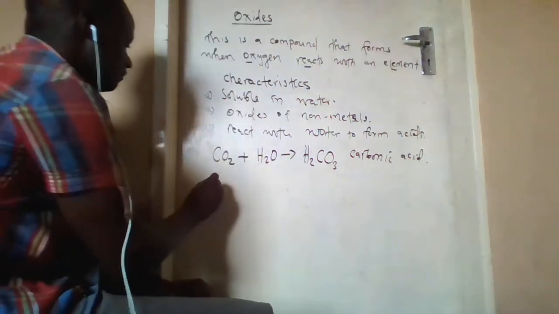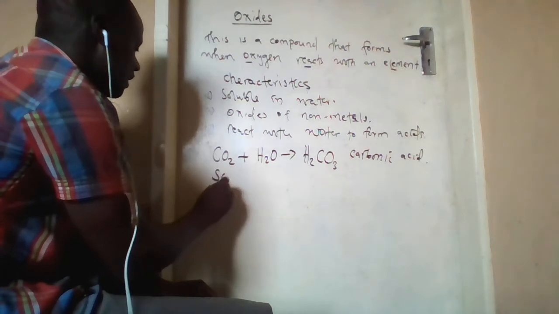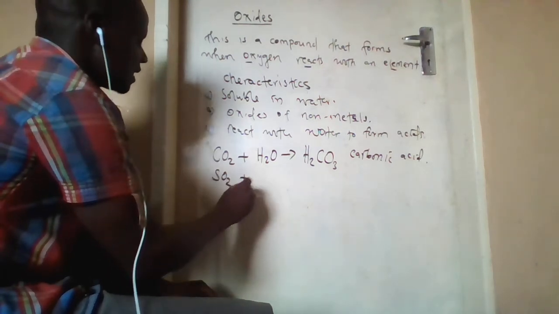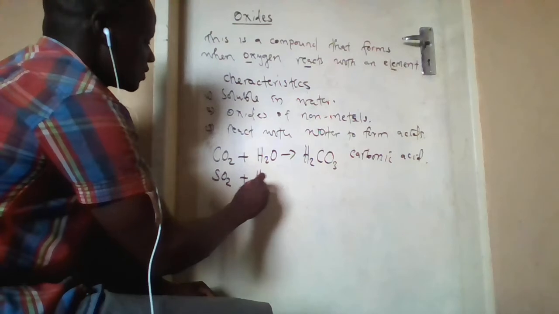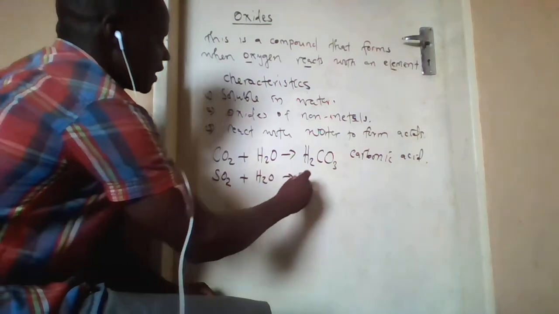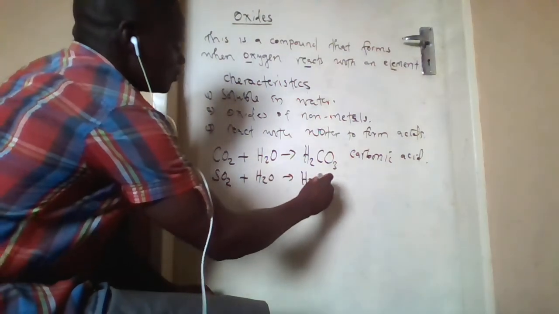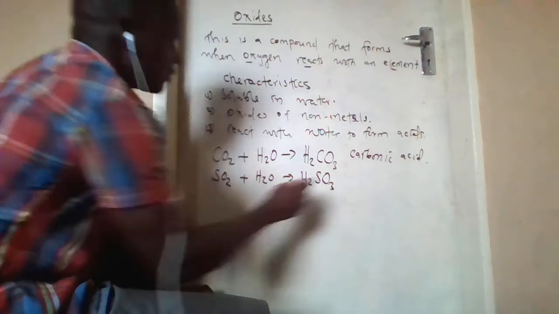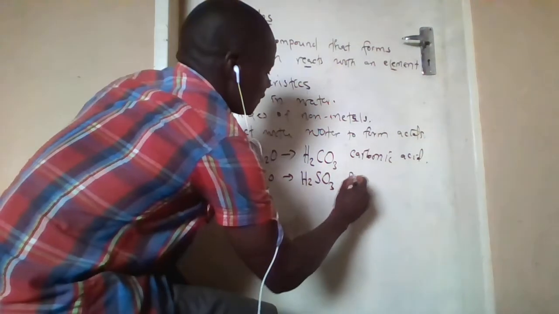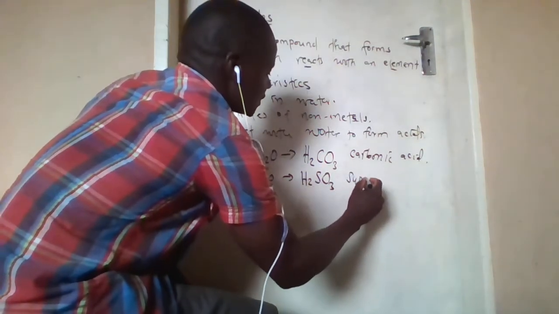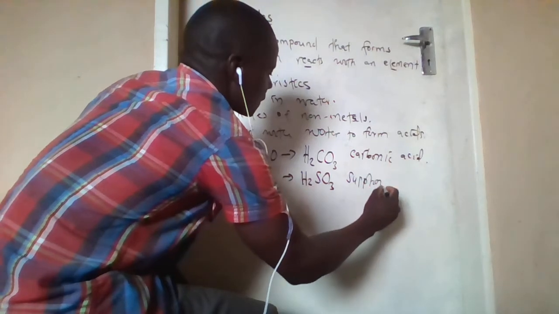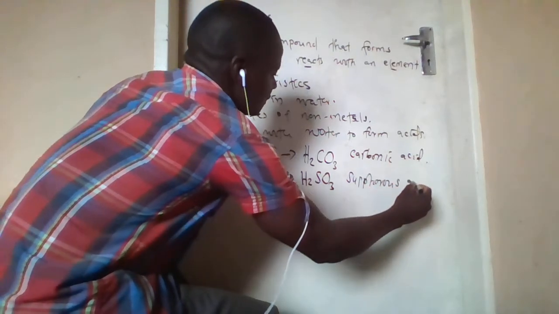The other one is sulfur dioxide plus water. So we are going to have H2SO3, which is sulfurous acid.